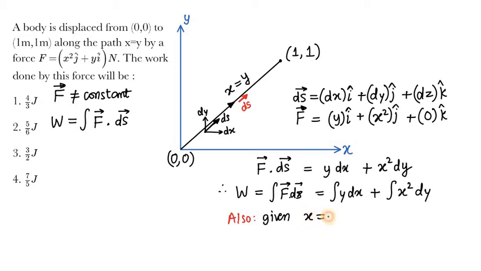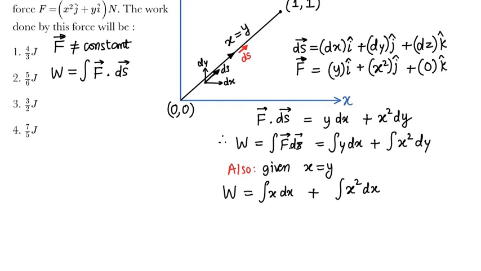So we are going to substitute in the above expression. In place of y we can write x, so we get x dx plus, here also we can do the same thing, x squared into dx, because y can be replaced with x.